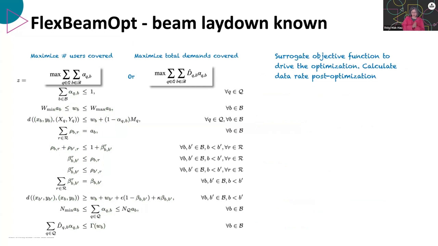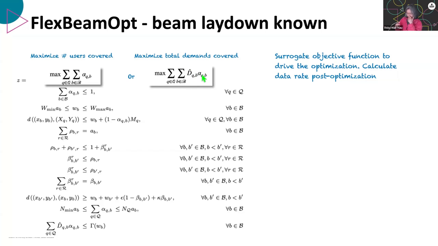If you read the literature, most people use an objective function to minimize the unmet data rate, or the absolute difference between the required and the achieved data rate, or a ratio of achieved and required data rate. For us, because we just want something easy to capture, we used a surrogate objective function where we just use the requested data rate and try to maximize it.